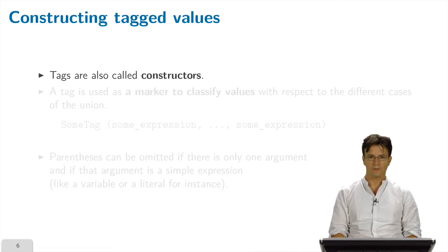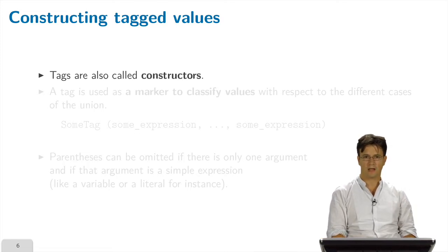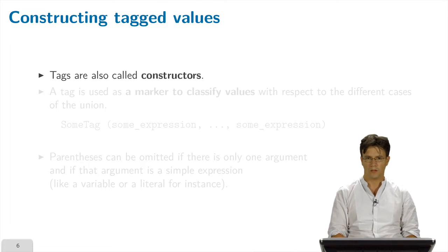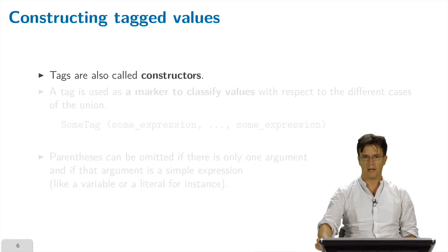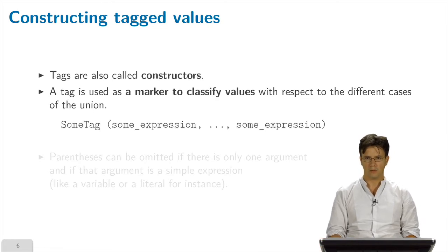Well, the first thing to know is that tags are also called constructors. So when you want to build a value of a subtype, what you have to do is to construct a value of that type by applying a tag to the arguments, the components of your value.